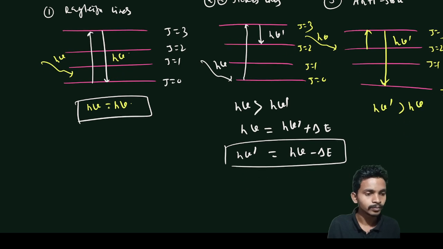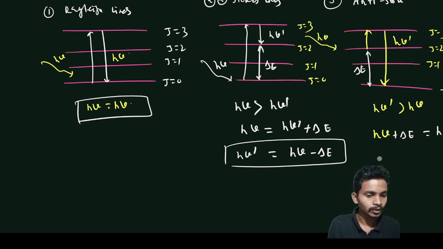So I can say that this is the delta E value. So this delta E is this value. This is the delta E, and here also this is the delta E. So if I add h nu plus delta E, it is equal to h nu dash.